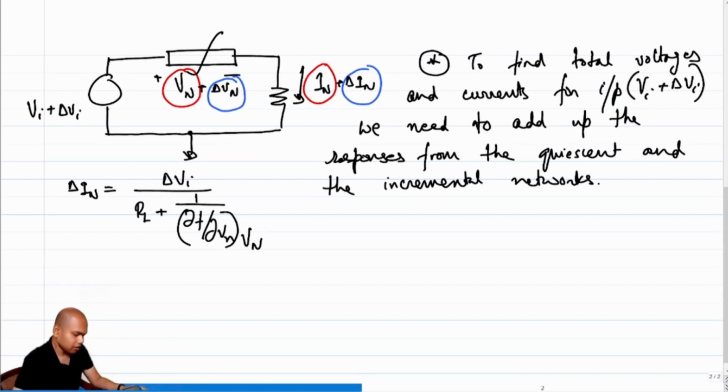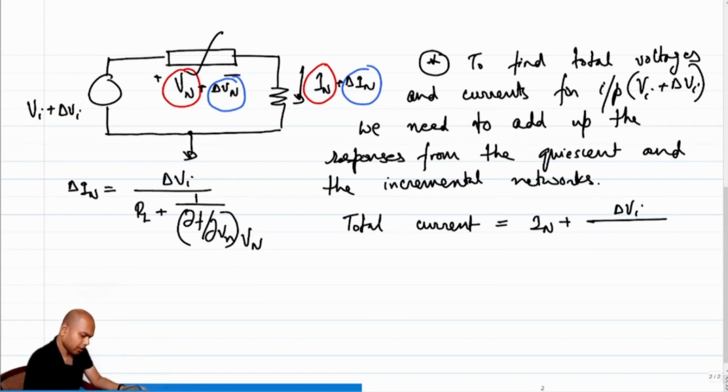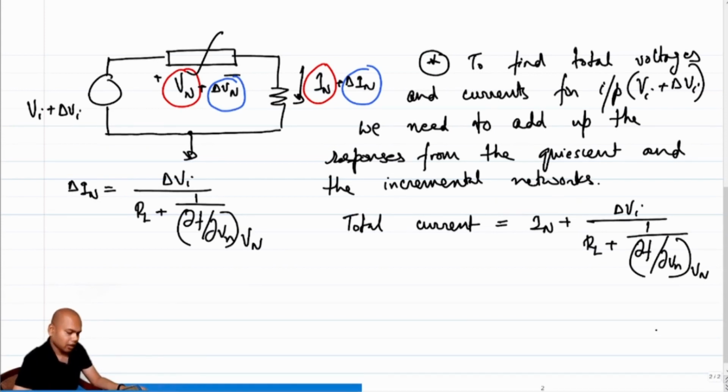So once I know that this is delta In, what is my total current? Total current is equal to In plus delta Vi by RL plus 1 over del F del Vn evaluated at Vn. Okay, great.